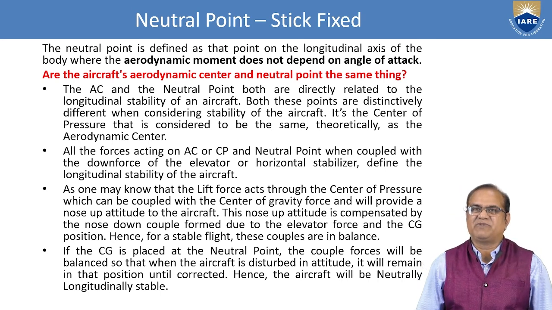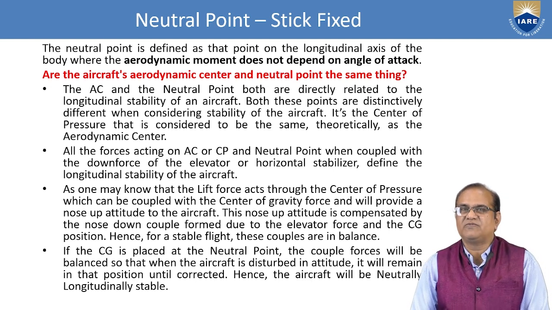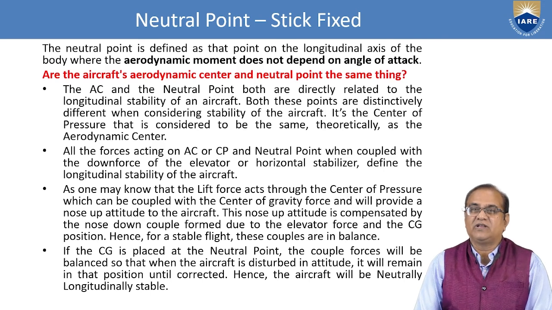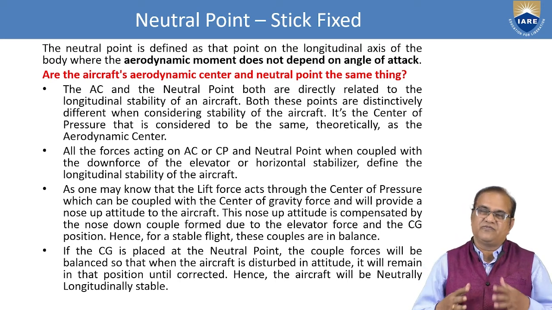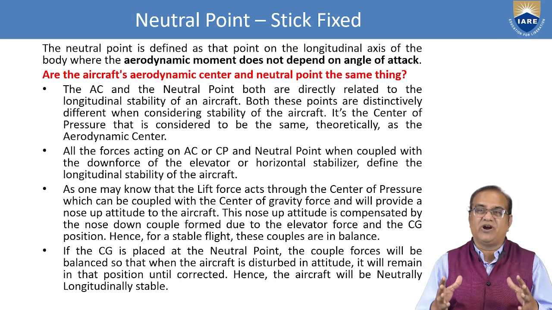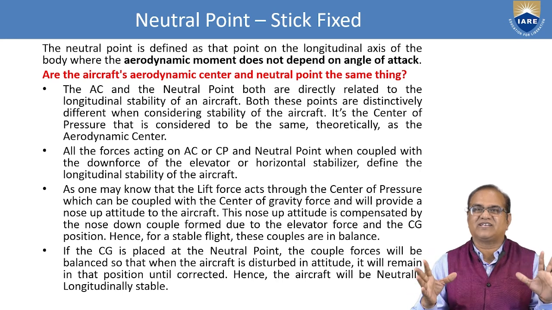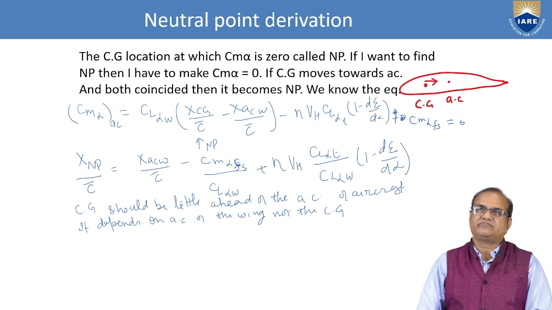If the CG is placed at the neutral point, the couple force will be balanced, so that when the aircraft is disturbed in attitude, it will remain in that position until corrected. So if the CG and neutral point are at one point, whatever deflection you give, it will maintain the same status.